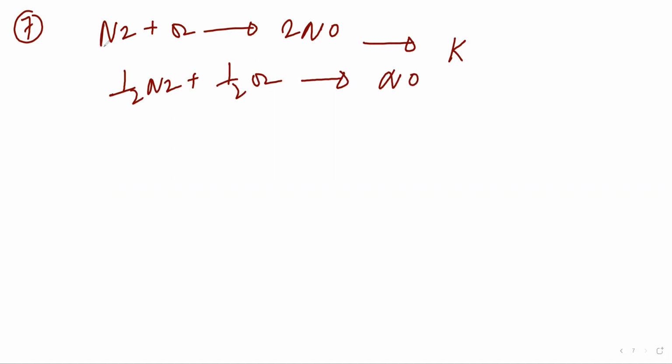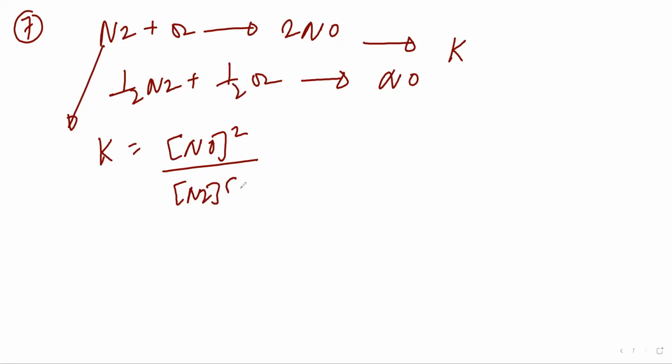For the first reaction, the equilibrium constant can be written as concentration of NO raised to 2 divided by concentration of N2 into concentration of O2. This is the equilibrium constant for the first reaction.